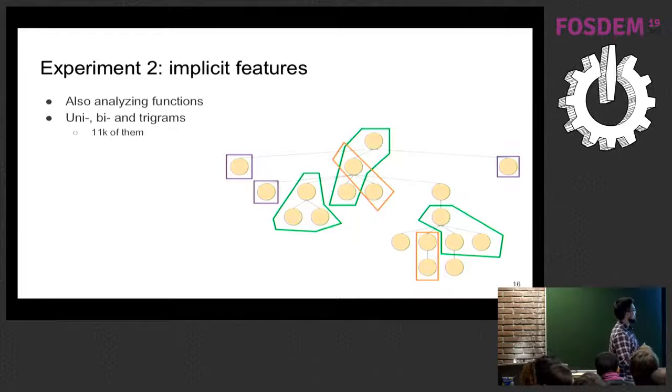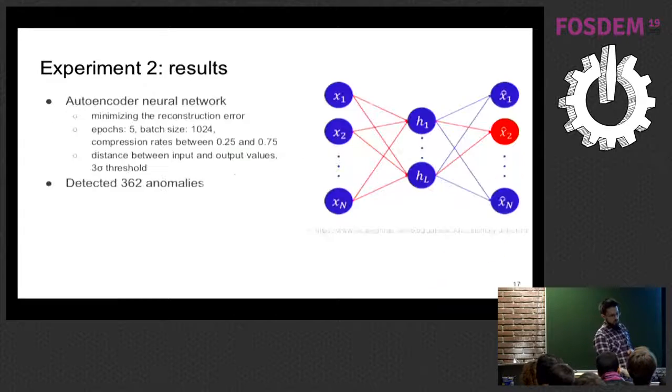Another experiment used implicit features. We used n-grams, namely uni-, bi-, and trigrams, on the syntax tree. This simple image shows the bigrams and trigrams on the syntax tree, but the idea is quite similar to these path-based representations, but simpler. And we used an autoencoder neural net to detect outliers here.